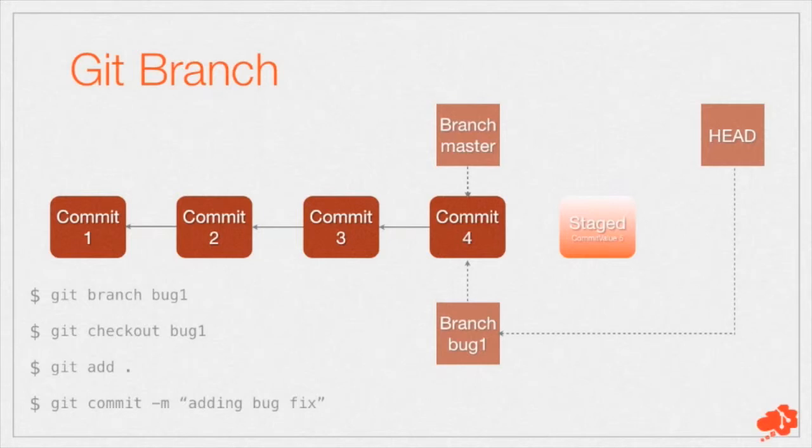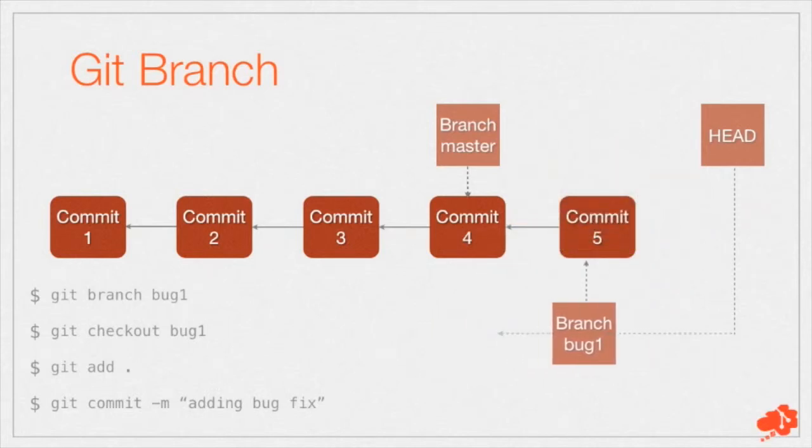Now, when you do the commit, you will see very similar activity as we saw in the previous slide, but what you'll see in this case is that bug1 is the branch that moved forward, and commit 5 is in the bug1 branch, but it is not in the master branch because master points to commit 4. So all of these branches are really just pointers to commits, and those are the commits at the head of that branch.